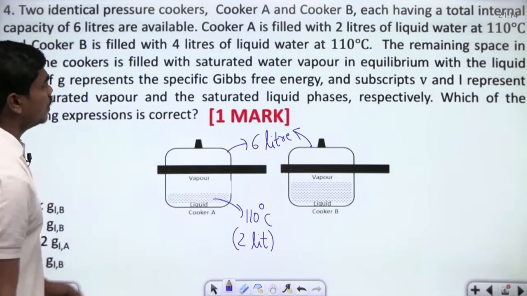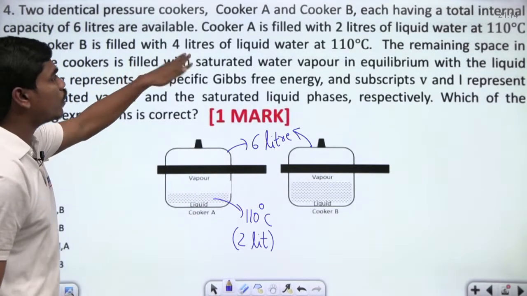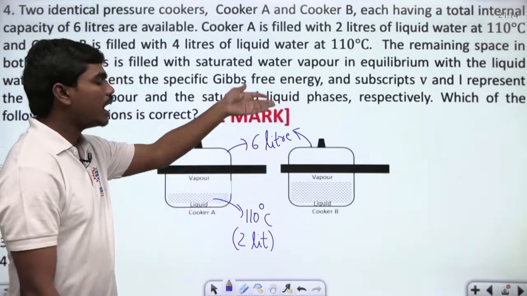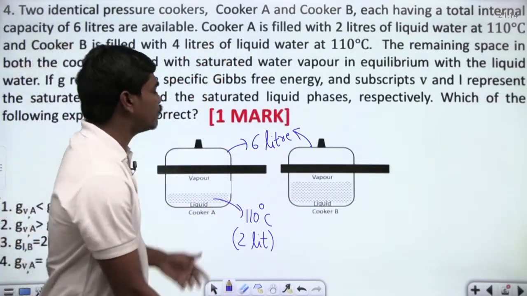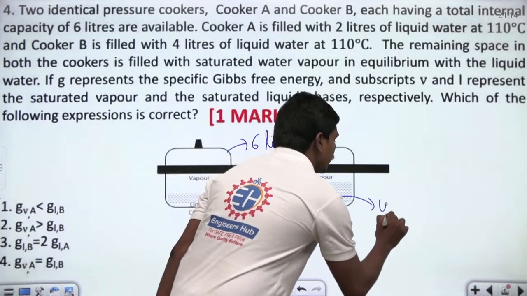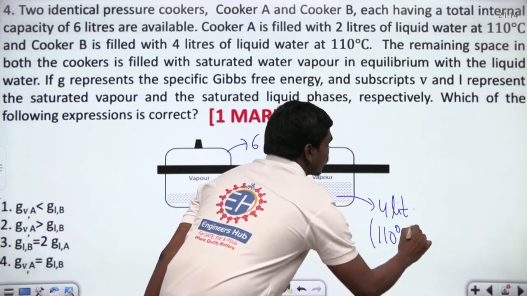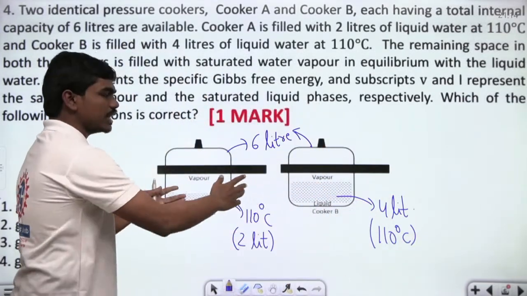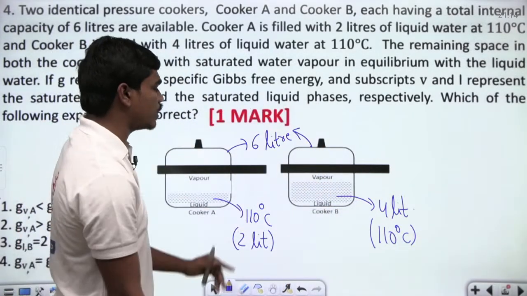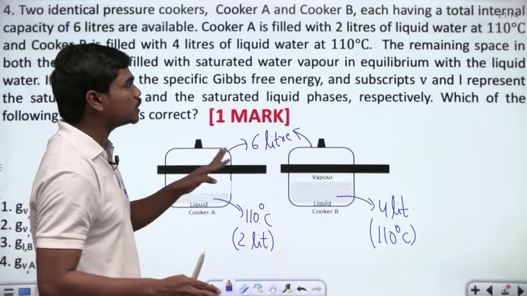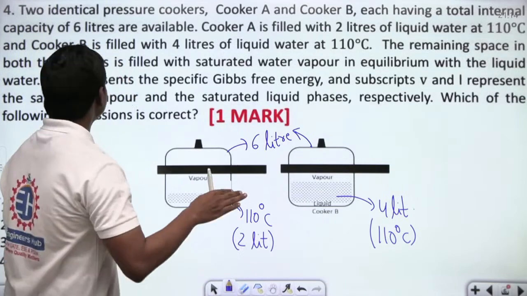Next, cooker B is filled with 4 liters of liquid water at 110 degrees Celsius. As you can see, the liquid level is a bit more, and it's given that the liquid is 4 liters here, at 110 degrees Celsius. Can I say that these two liquids are at the same condition, 110 degrees Celsius? Next, the remaining space in both the cookers is filled with saturated water vapor in equilibrium with the liquid water.